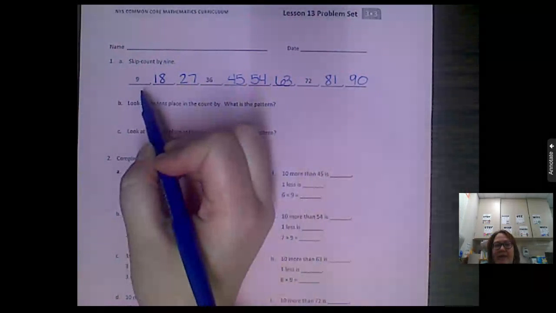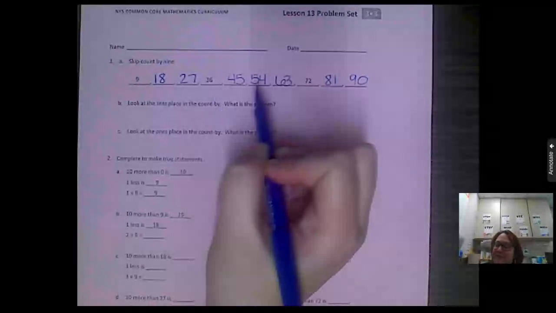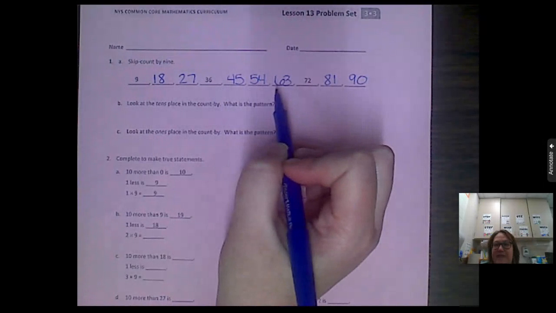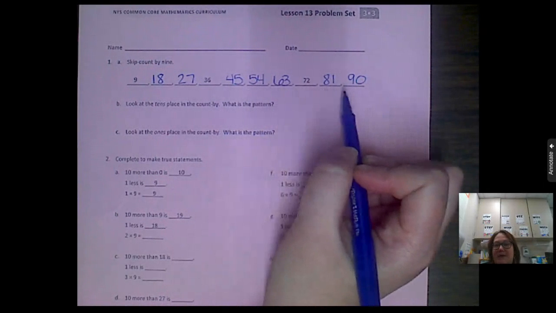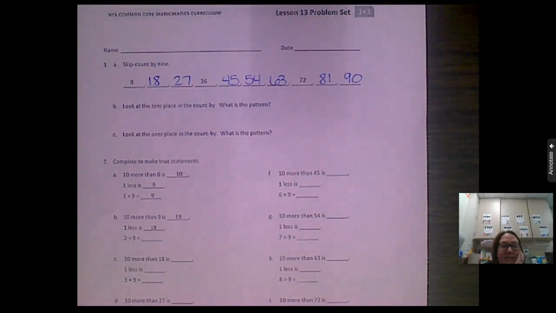One more time. 9, 18, 27, 36, 45, 54, 63, 72, 81, 90. Good job. Can you imagine the little crab and the whale while you're singing that? Good. So make sure that you are practicing that as we go through our lessons. Listen to your skip counting songs to really help you, okay?